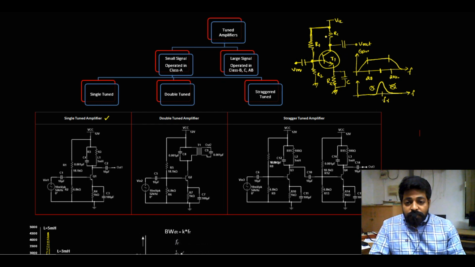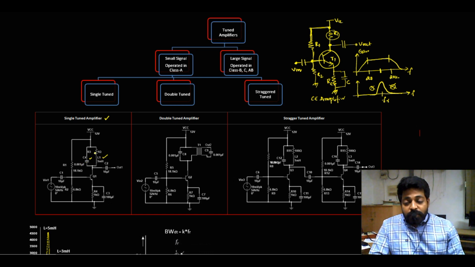So the modification with respect to the CE amplifier is this: I have to remove the RC network, and in place of the RC network I will keep frequency reactive components here. Why?